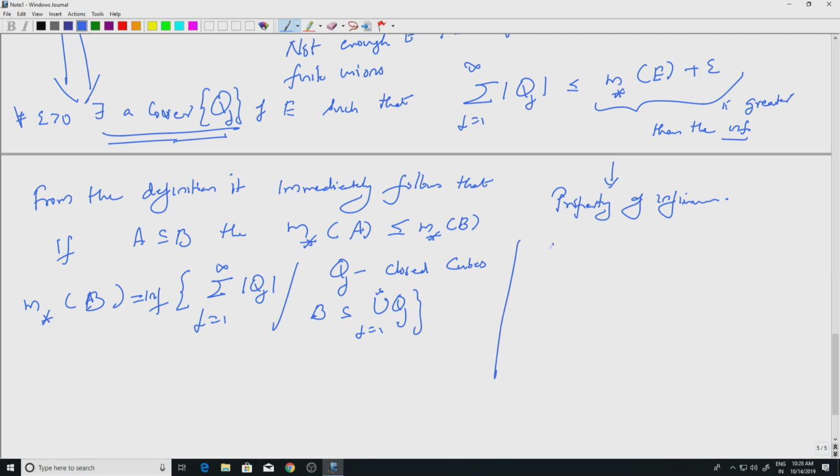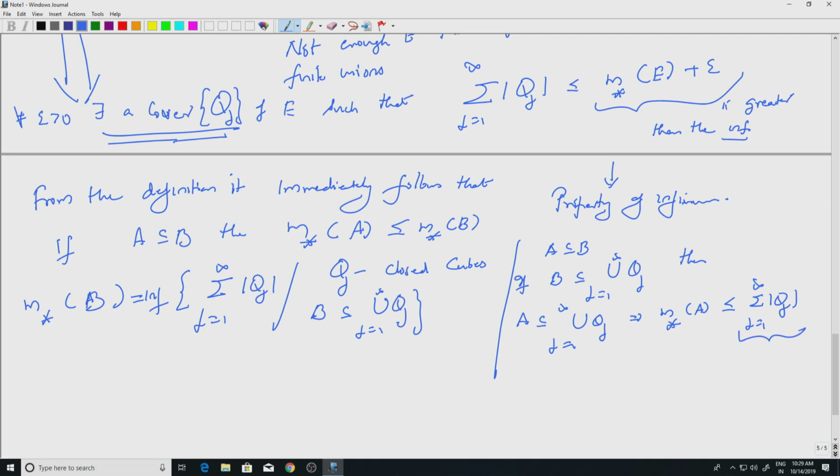But A is contained in B. So, if B is contained in the union of Qj, j equal to 1 to infinity, then A is also contained in the same Qj's. This would imply that m star of A is less than or equal to summation mod Qj, j equal to 1 to infinity. But this is true for any cover union Qj containing B, right.